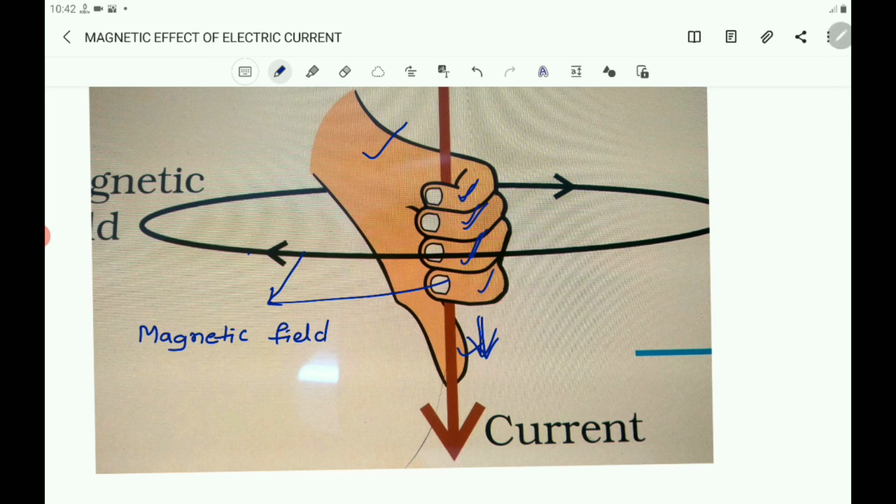See here, this is a magnetic field that is encircling the conducting wire. The fingers will wrap around the conductor in the direction of the field lines of the magnetic field. This is the right hand thumb rule.